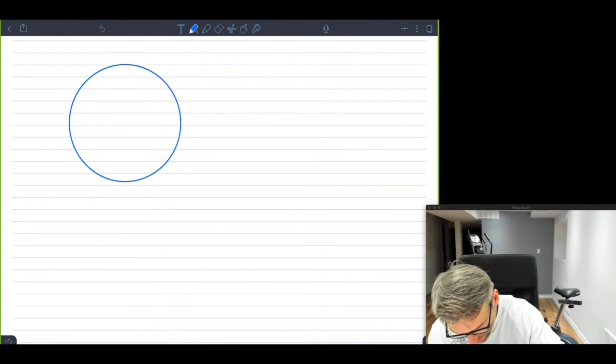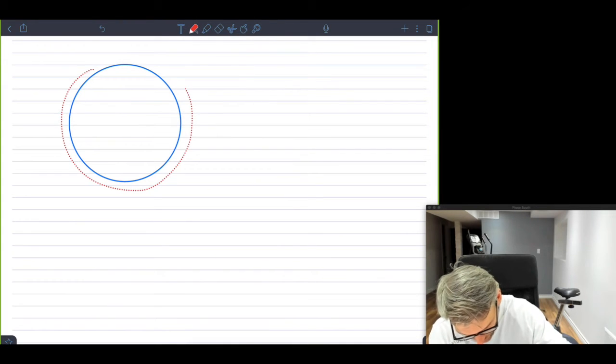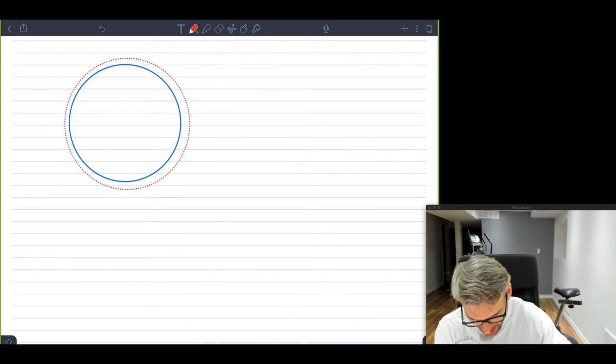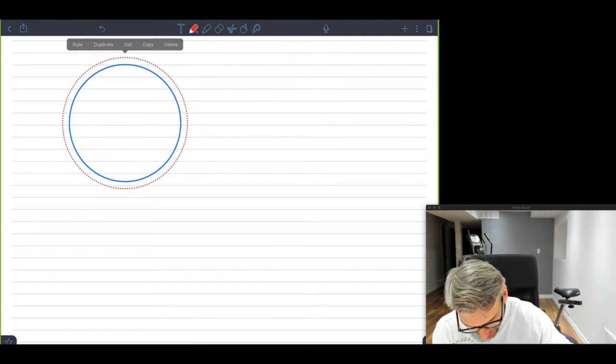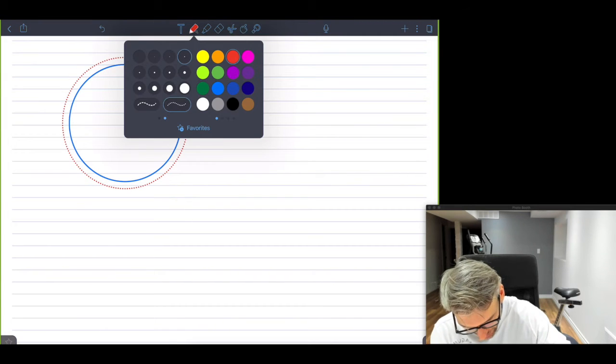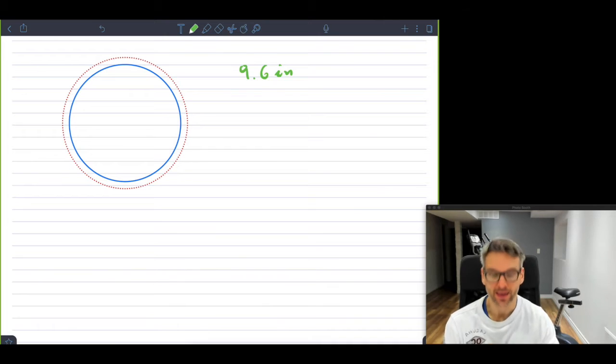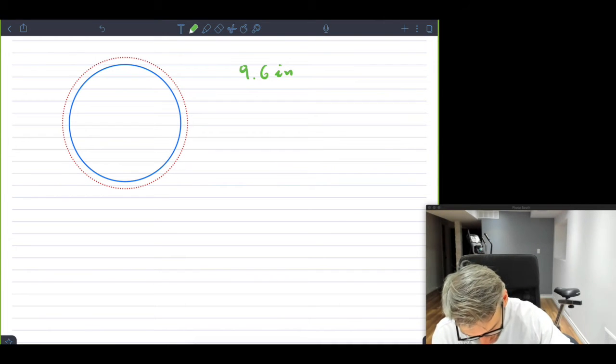I wanted to measure the circumference, so going all the way around here, I measured that in, and I wanted to see what that would be. And for the first one, we said that it was around 9.6 inches. And so that was all the way around here.